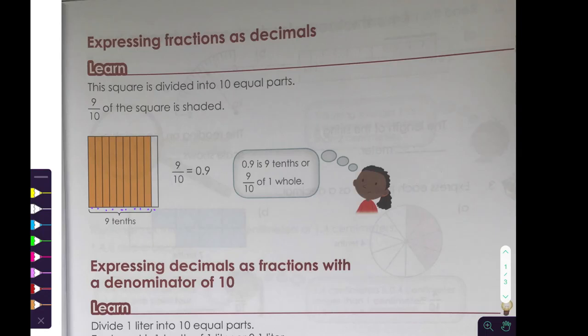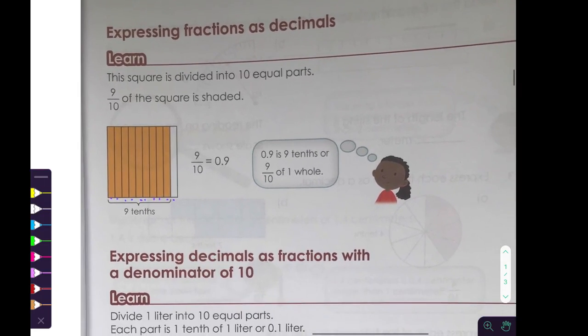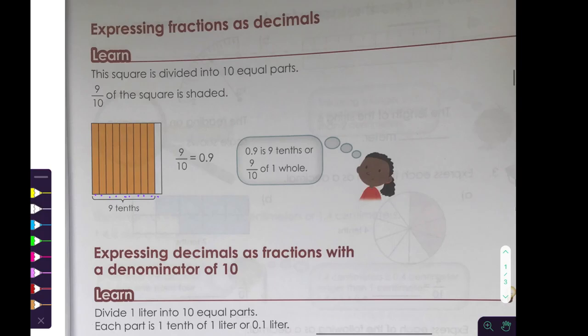So it's equal to 9 over 10, or 9/10, or 0.9 of 1 whole. You see? 9 parts of this. So the number on the top of the fraction is the number of shaded parts.